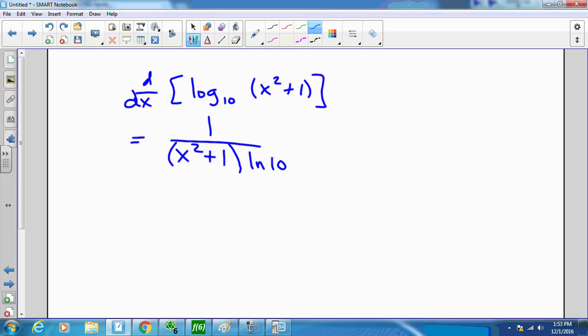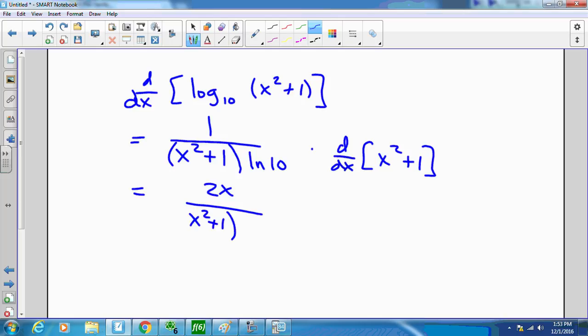So that what I get is the derivative of the outside function, the derivative of the log function, which is 1 over splat times ln 10, times the derivative of the inside. And that's it.